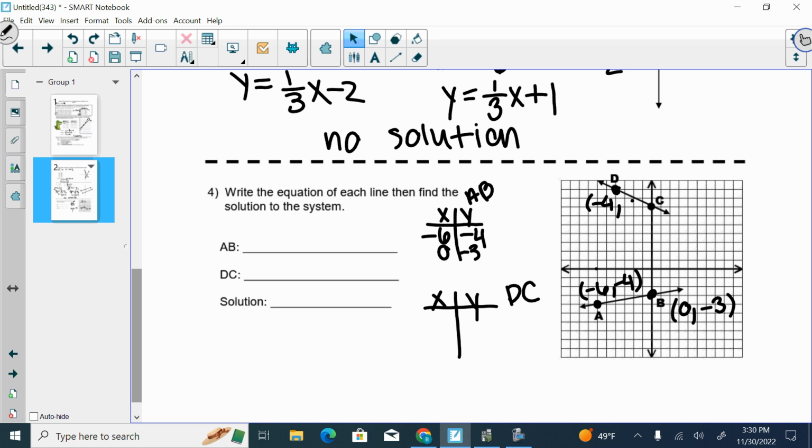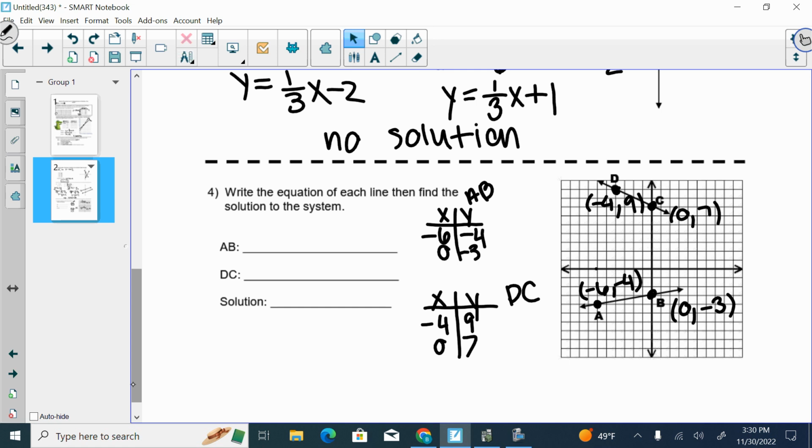Good. So I'm going to put that in my table over here. And then we also need point C. Where is the coordinate point C? 0 what? 7. Good. Okay. All right.